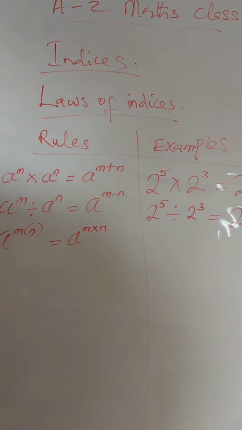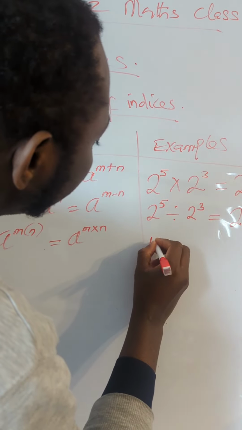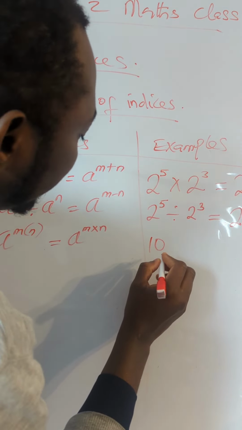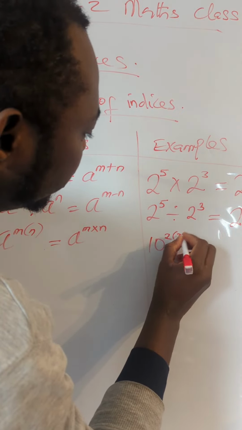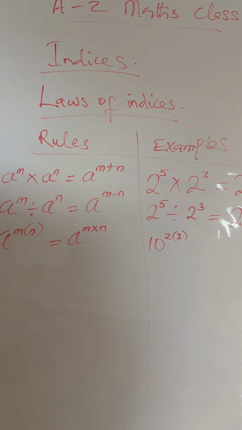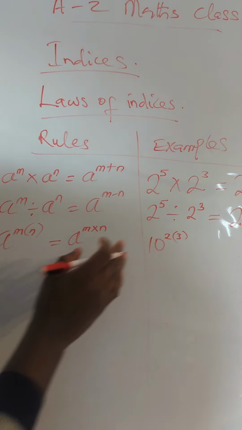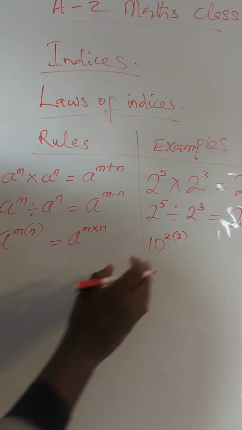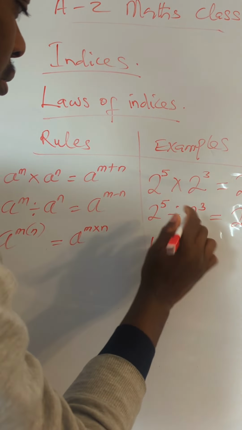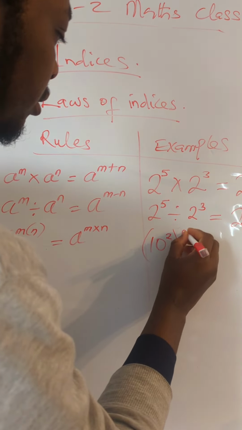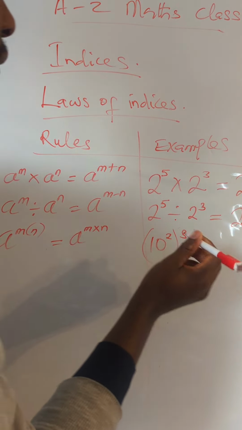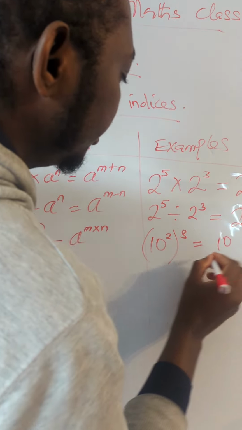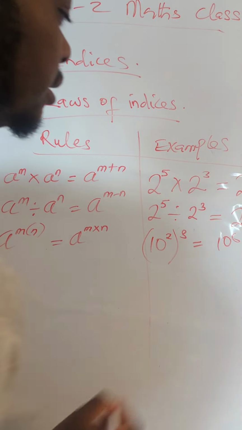A good example: you could have 10 raised to power 2, in brackets, raised to power 3. It's the same thing as just multiplying the powers: 10 raised to power 2 times 3, which is 10 raised to power 6.